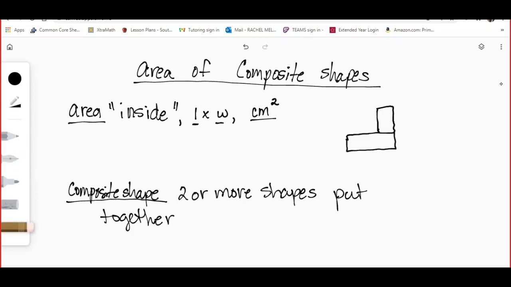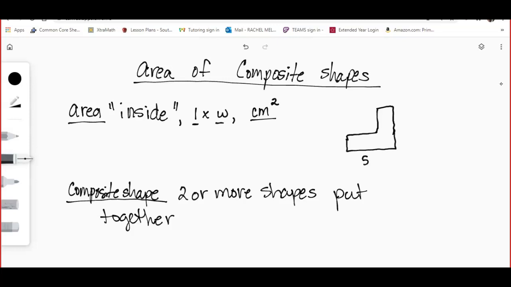Now, a lot of times, you're not going to see this line here. Okay, they're going to put those shapes together, and you have to see where it ends. Okay, so this is where you have to pay attention to what the dimensions are.